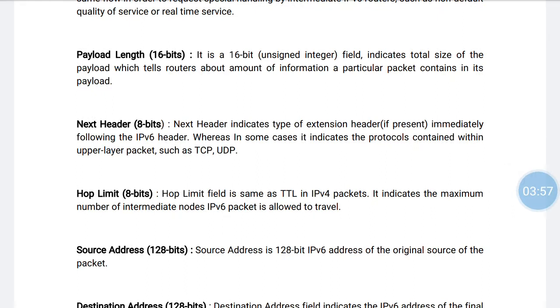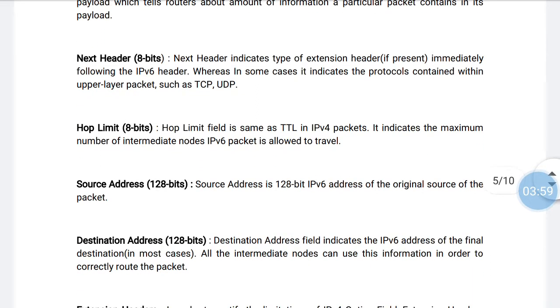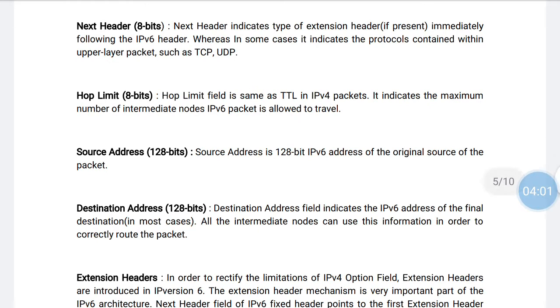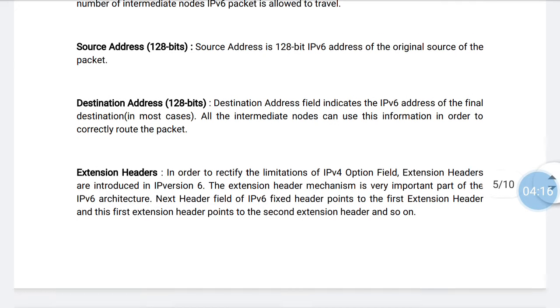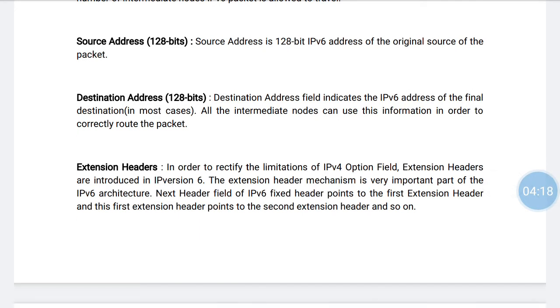Next, it has next header, hop limit, and source address. In IPv6 the source address is 128 bits, and the destination address also has 128 bits, and in addition it has an extension header.